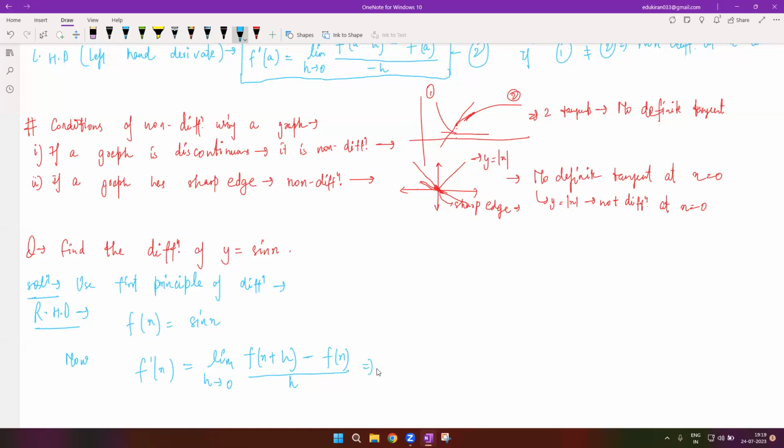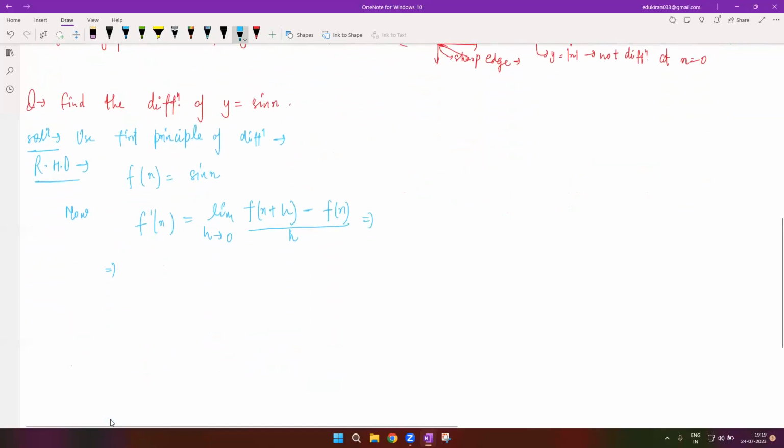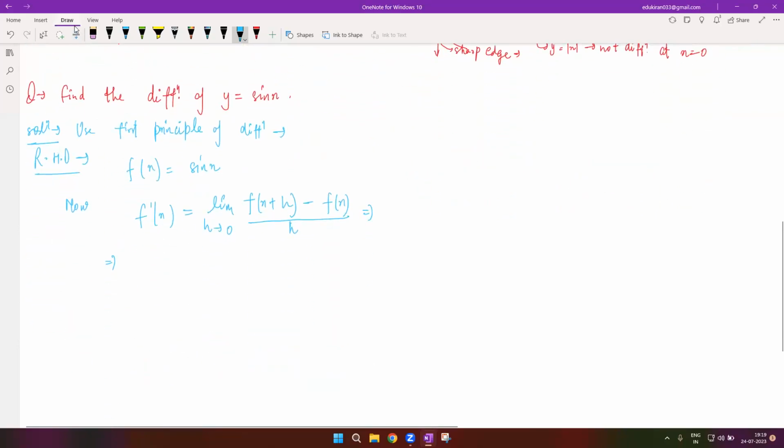So f dash x would be limit h tends to 0, f of x plus h. Now, f of x is sin x, so f of x plus h is sine of (x plus h), minus f of x, which is sine x, divided by h, right?